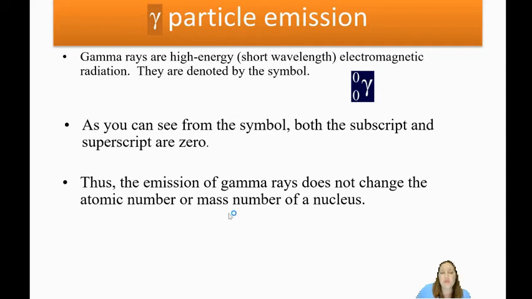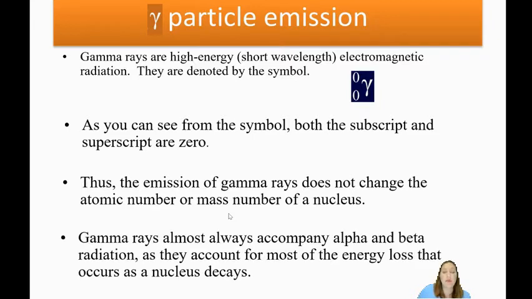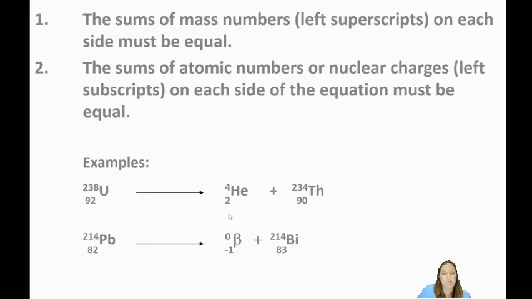As you can see from the symbol, both the subscript and the superscript are 0. Therefore, your gamma ray does not change the atomic number or the mass number. Gamma rays almost always accompany alpha and beta radiation, as they account for most of the energy loss. So you have this high amount of energy, but no mass, no charge.